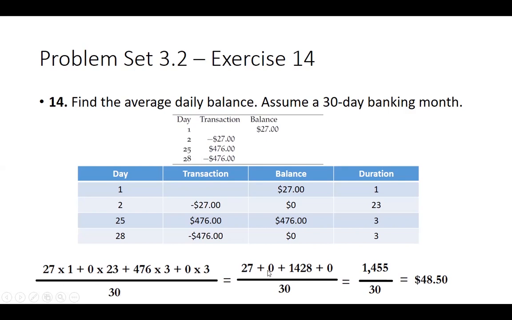Divide that by 30. We get 27 plus 0 plus 1,428 plus 0, which is 1,455. And when we divide that by 30, we get an average daily balance of $48.50.